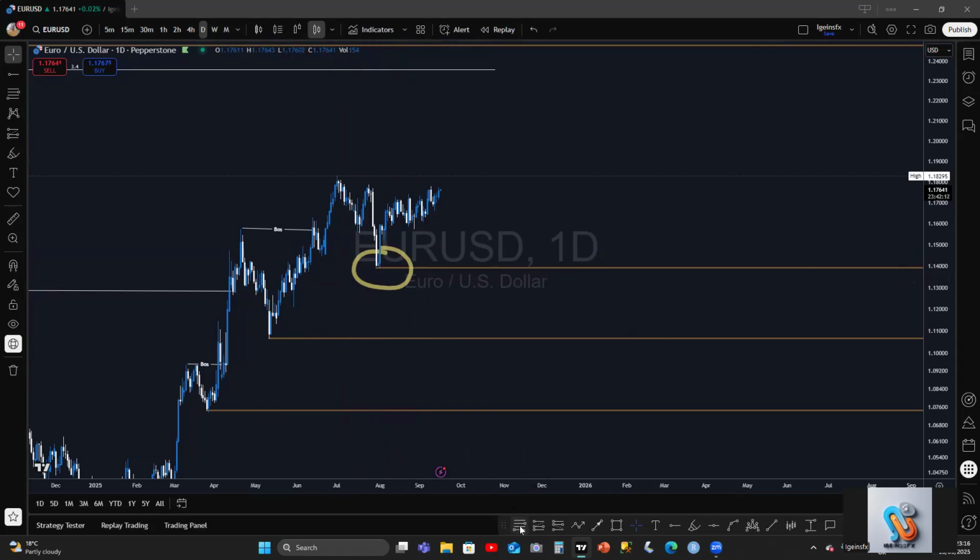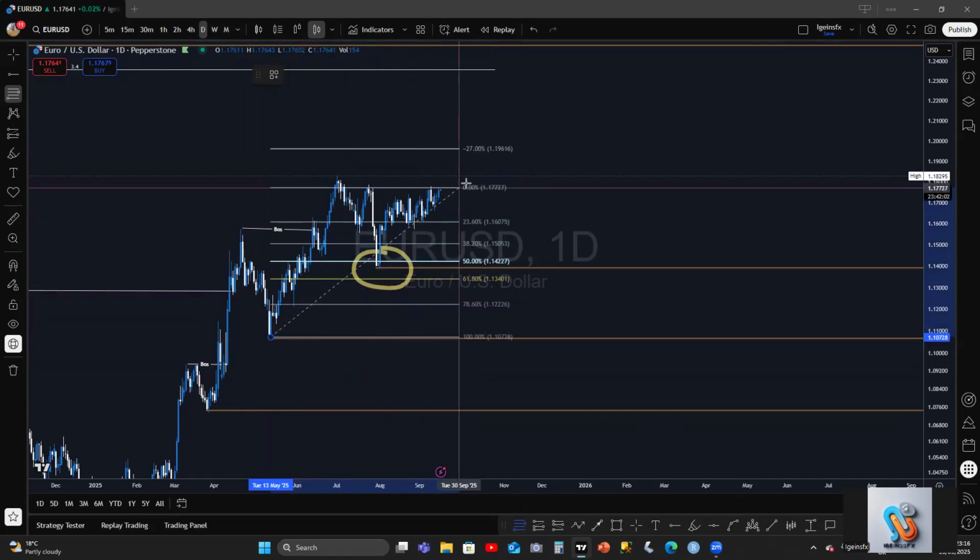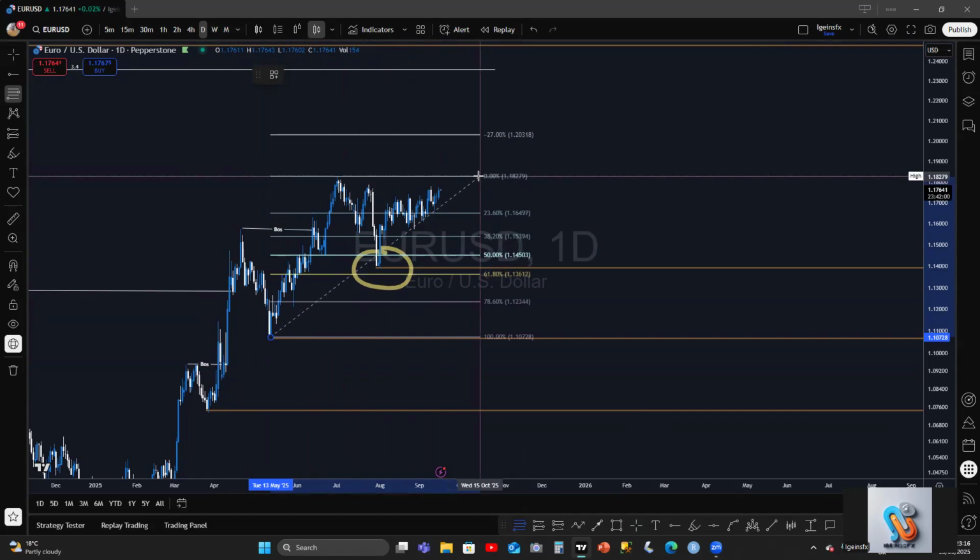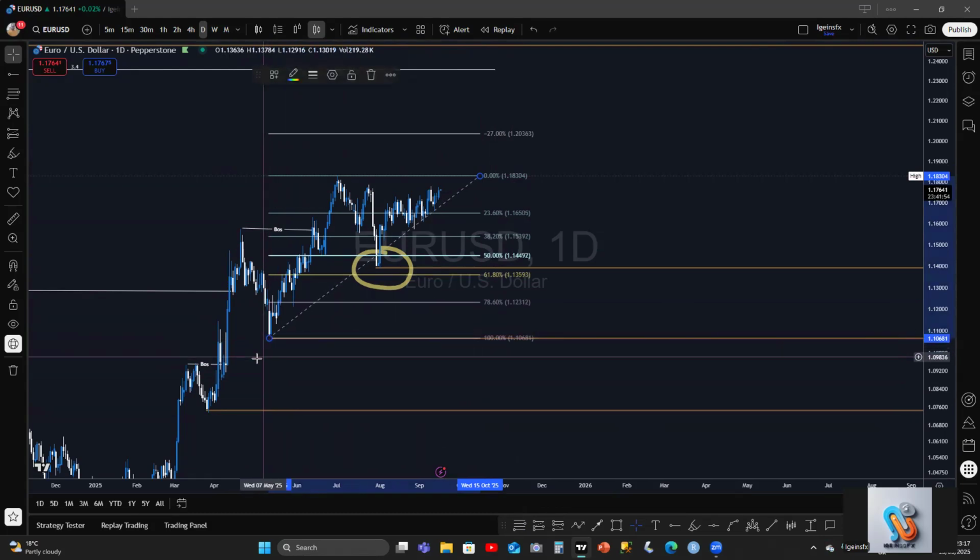Another way for you to know where the price got to before it starts pushing back is to use your Fibonacci retracement tool, which I always recommend, and I've already made a video about it. Before you can use the Fibonacci retracement tool, there has to be a price range from the low to the high.